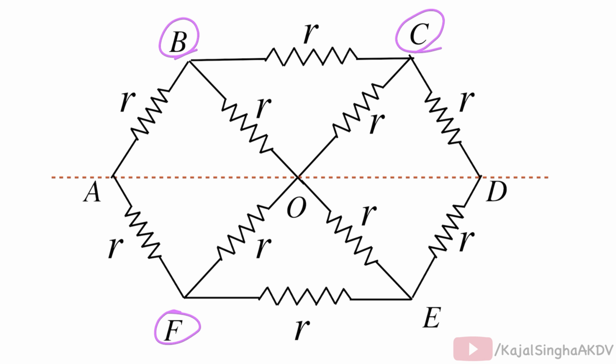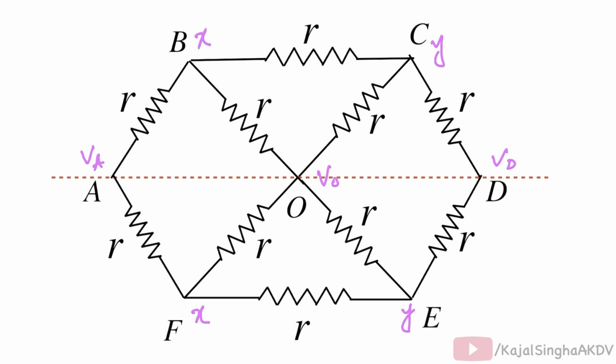Let us take these potentials as X and Y. So the potential of point B is X and point F is also X. The potential of point C is Y and the potential of point E is also Y. Let us assign the potential of point A as VA, the potential of point O as VO, and the potential of point D as VD.